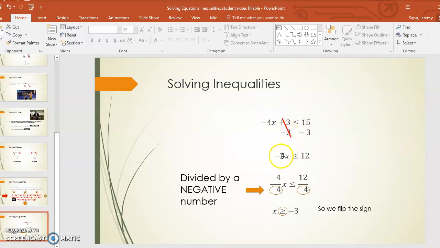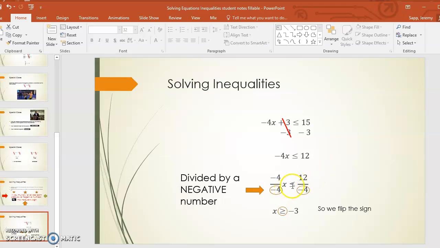Alright, this is a negative 4 times x. Again, inverse operations of times would be to divide. You guessed it, right? So I'm dividing by a negative 4 on both sides. Again, anytime you multiply or you divide by a negative number, you have got to flip the sign.